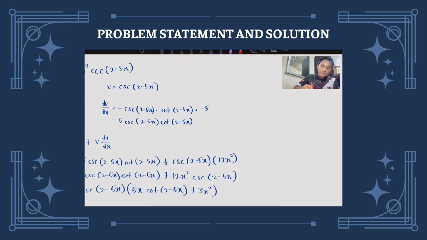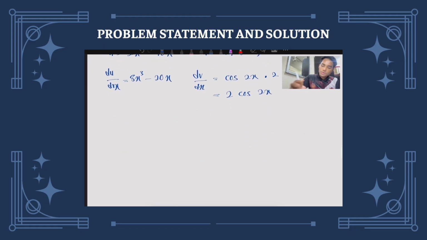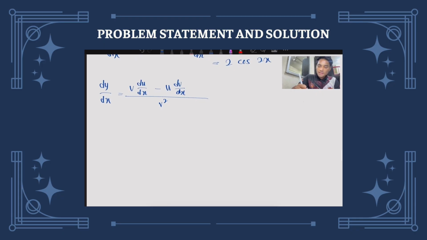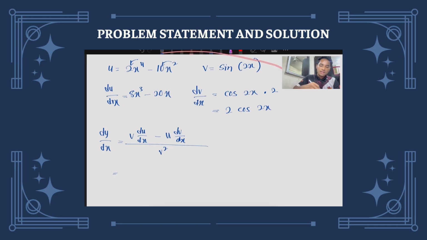For the quotient rule formula, we have dy over dx equal to v du over dx minus u dv over dx, over v to the power of 2. Let's put this information into the formula.